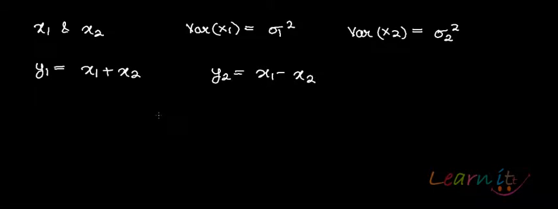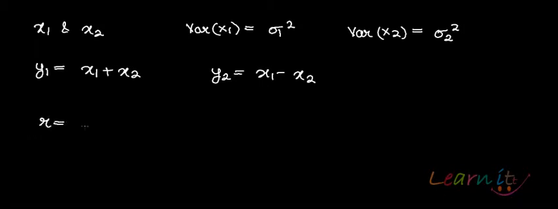Now, you need to find out the correlation coefficient between y1 and y2. Let's see how. Note that x1 and x2 are uncorrelated variables. So, how do you find out the correlation coefficient between y1 and y2? Whatever you have to find out, first of all, always write the formula for that.